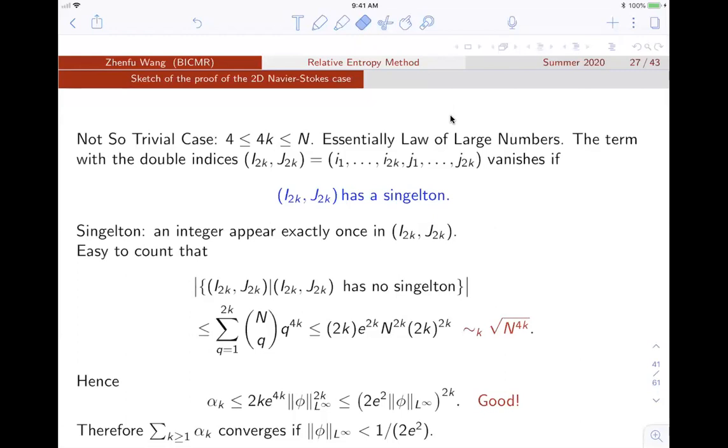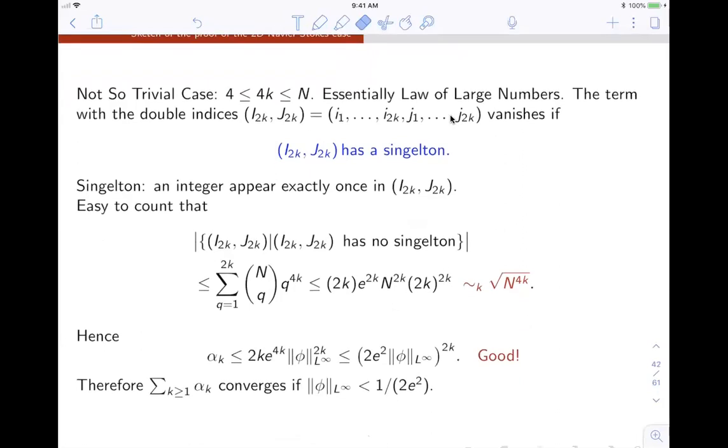So we just need to count how many terms have no singleton, and we can count that by easy combinatorics. This is just in the order of this, and you can control alpha k as long as the infinity norm of phi is relatively small.